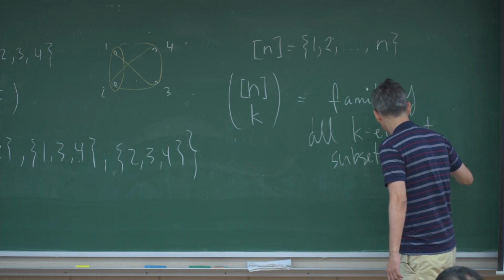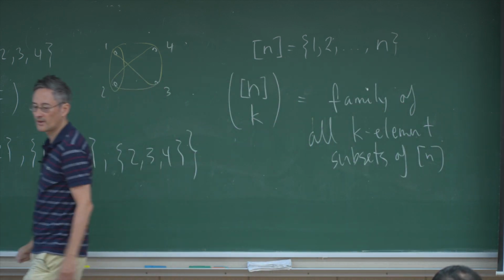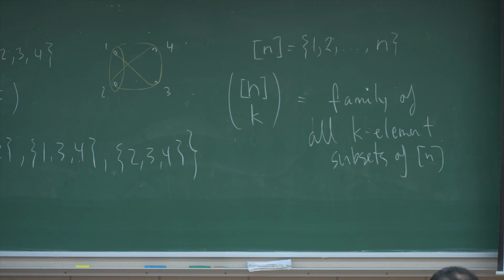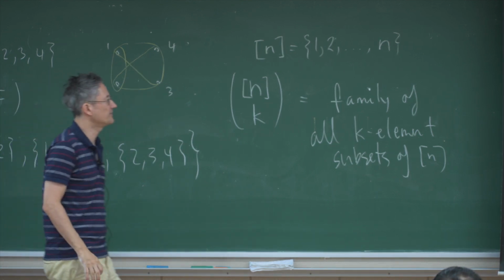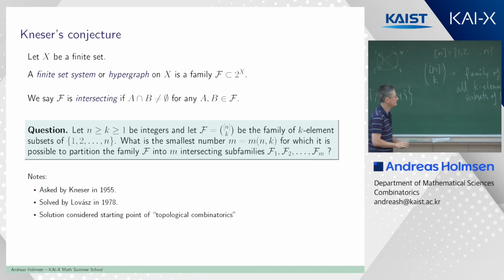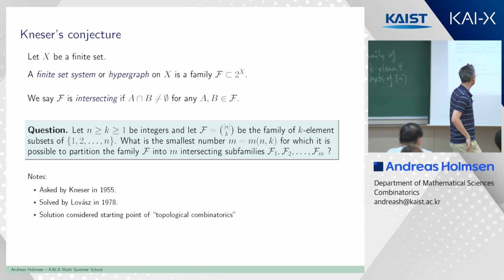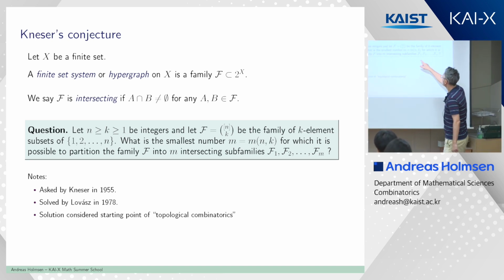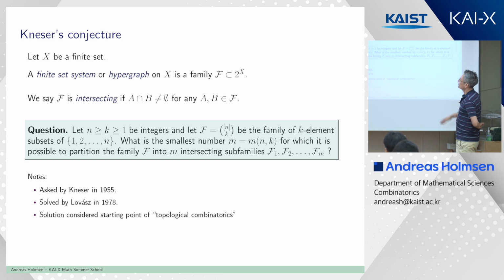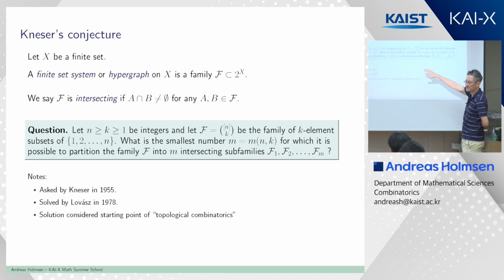Okay? And the question asked by Kneser in 1955 is, given fixed n and k, what is the smallest number m so that you can partition the family F, so you can partition all these k-element subsets, into families F1, F2, up to Fm, such that each of these is an intersecting family? Okay?